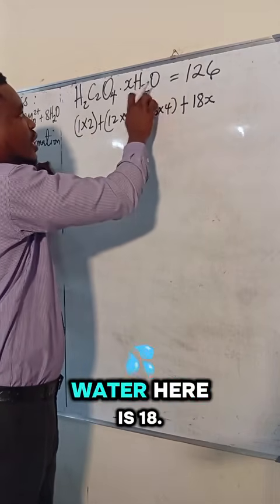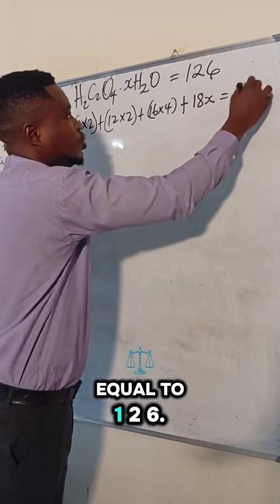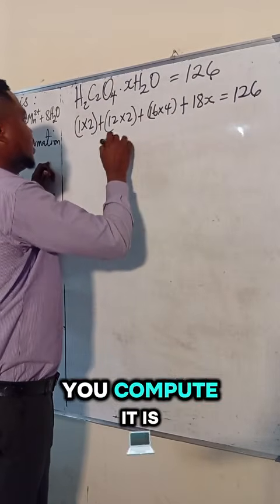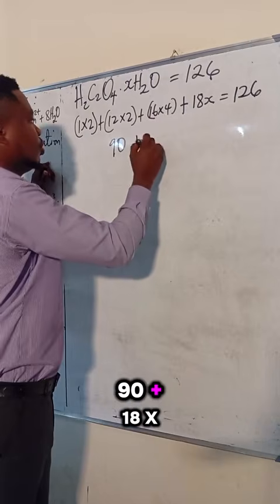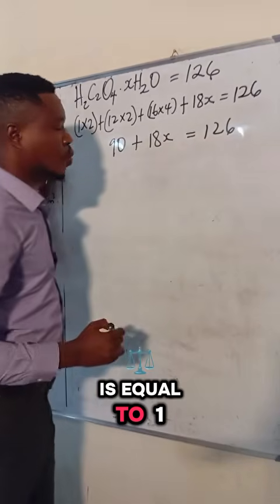The molar mass of water here is 18, so 18x is equal to 126. This whole thing, when you compute it, is 90 plus 18x is equal to 126.